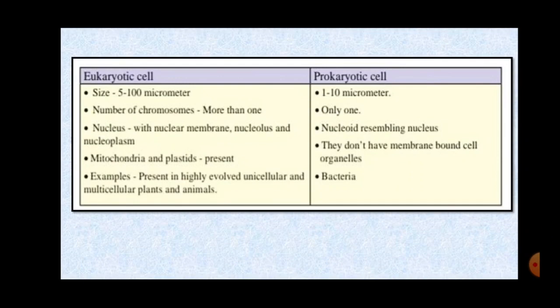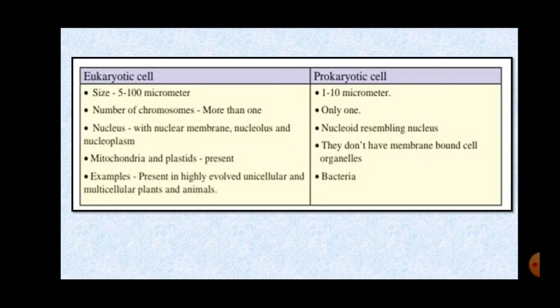The last topic of the cell is actually the information given in the textbook. We had studied about the prokaryotic cell in 7th standard, right? So here the differences between the prokaryotic cell and eukaryotic cell are given, which we had already studied in the 7th standard. So it's just a revision. Let's go through it.